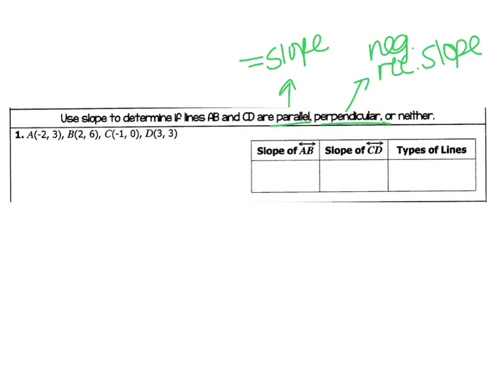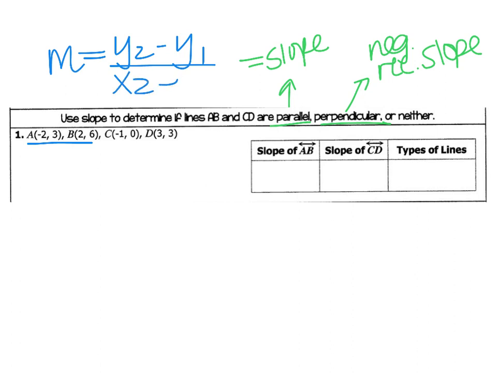Okay, so first thing we want to do is find the slope of AB. So there's our 2 points, and we want to use our slope formula, y2 minus y1 over x2 minus x1. So we label x1, y1, x2, y2.